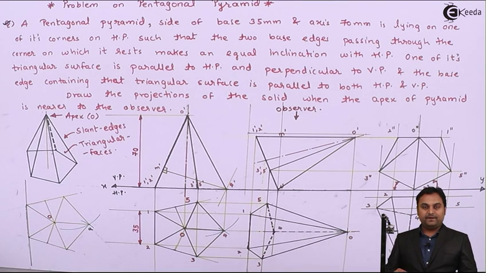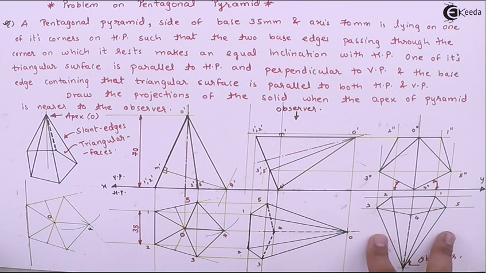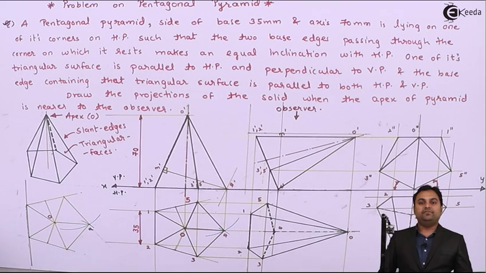This edge 1 to 2 is parallel to HP, perpendicular to VP. In the second condition, the edge is parallel to VP, and with this we complete the problem.